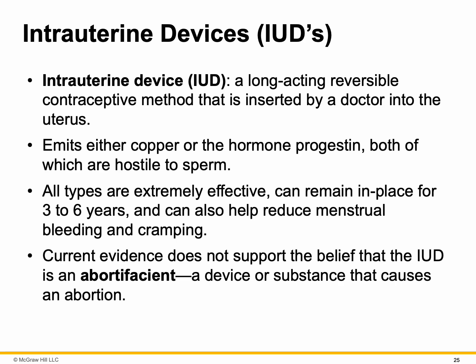IUDs are highly effective, so the perfect use effectiveness is 99%, and typical use effectiveness is 98%. So again, quite high. Now, current evidence does not support the belief that the IUD is an abortifacient. In other words, IUDs are not devices that cause abortions.